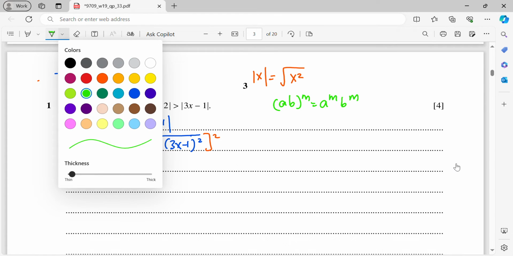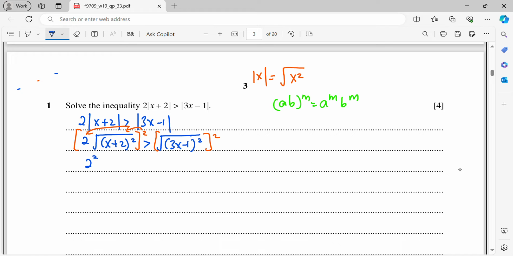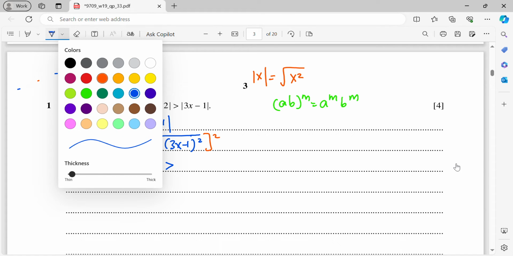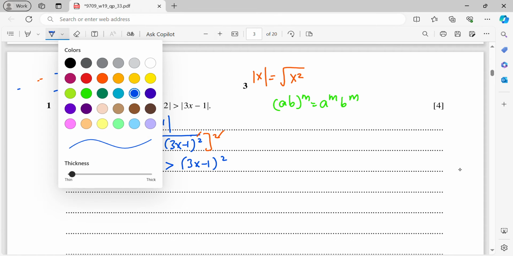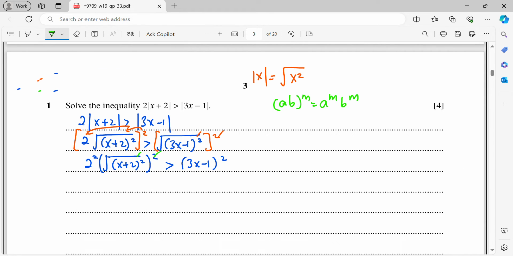That means here I will be getting 2 squared, then square root of (x plus 2) squared, and then squared, greater than, for the right hand side, the square and square root cancel off, so I will be getting 3x minus 1. Same goes to the left hand side: the square and square root will be cancelled off. Now the left hand side is 2 squared, which is 4, times (x plus 2) squared, greater than (3x minus 1) squared.